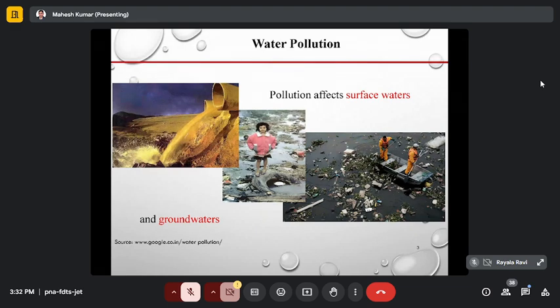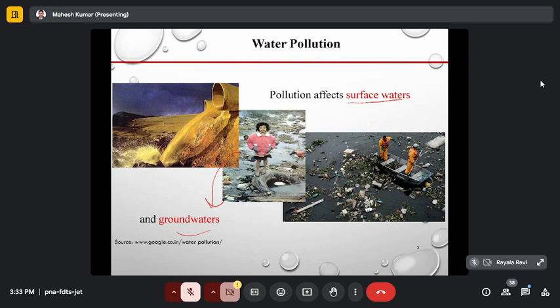We throw waste in the water, or we use it for industrial applications and then release it without water purification. Water pollution starts from the surface water, which mixes with the groundwater and destroys our complete resources.